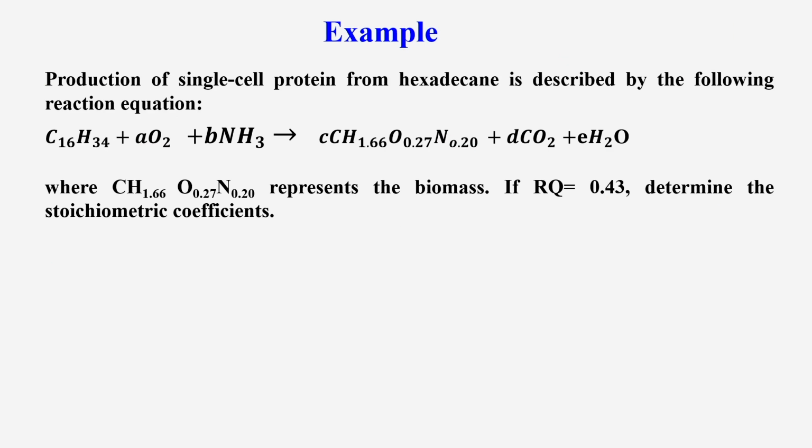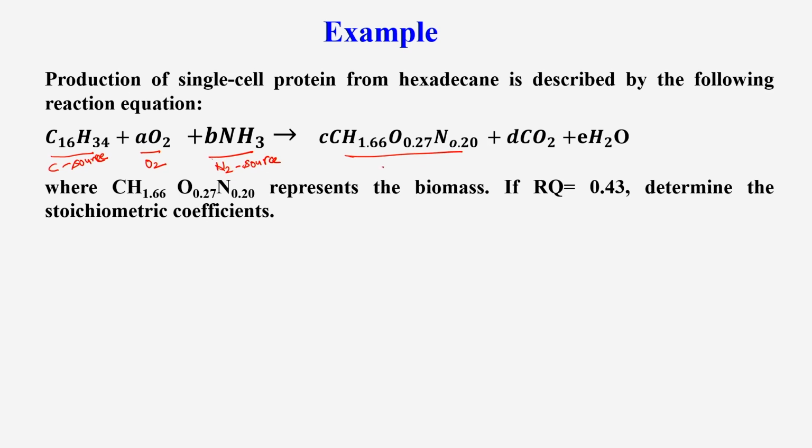So, let us consider one example here. The production of single cell protein from hexadecane is described by the following reaction. This is your substrate, or you can say carbon source, oxygen, nitrogen source.